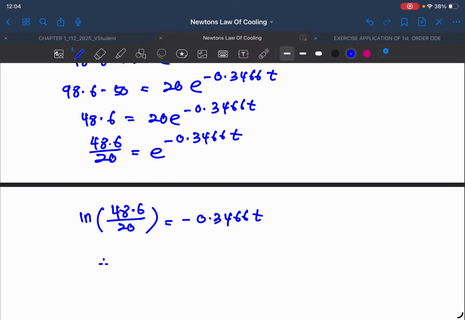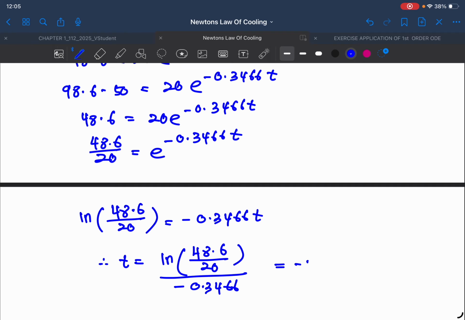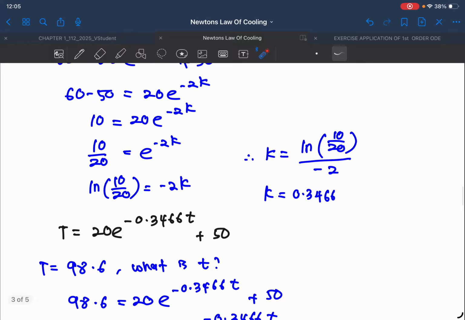So therefore our t is equal to ln(48.6/20), divided by -0.3466. So you will have your t as negative 2.5617 hours.